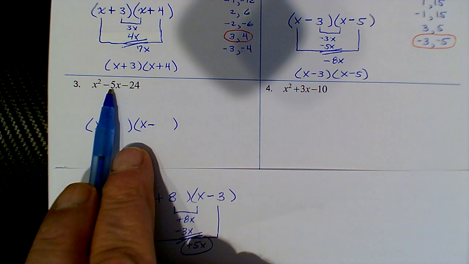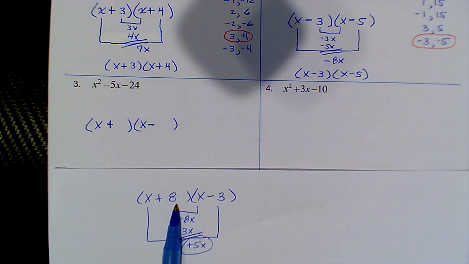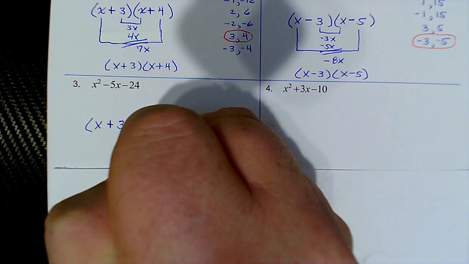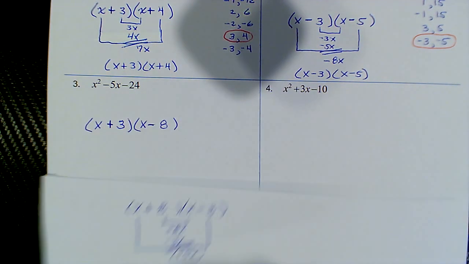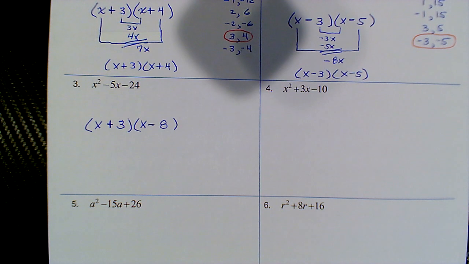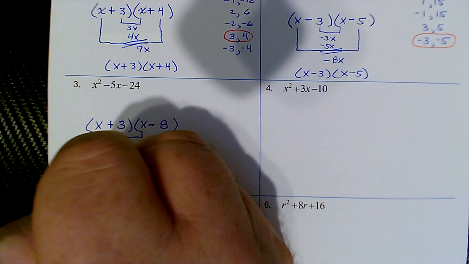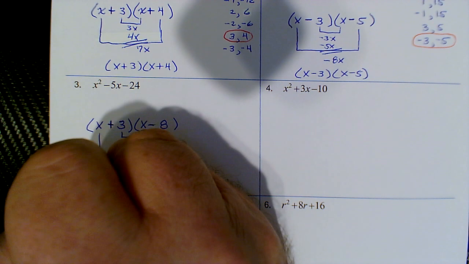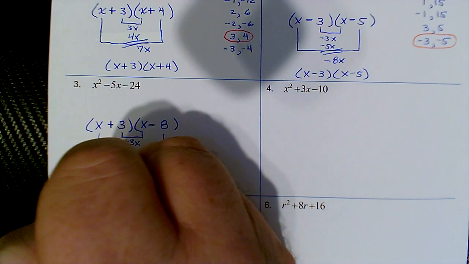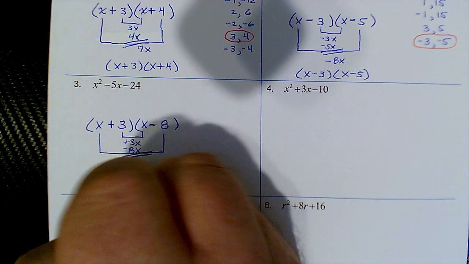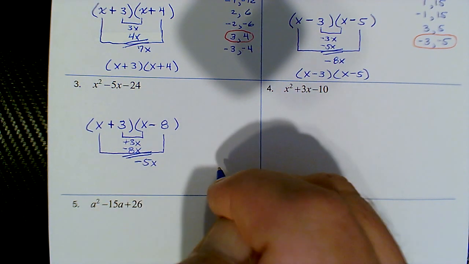So therefore, all that means is that we have to switch the 8 and the 3. So it's going to be x plus 3 and x minus 8. And now we'll check the inner product plus 3x, the outer product negative 8x, and they combine to give us negative 5x, so that checks.